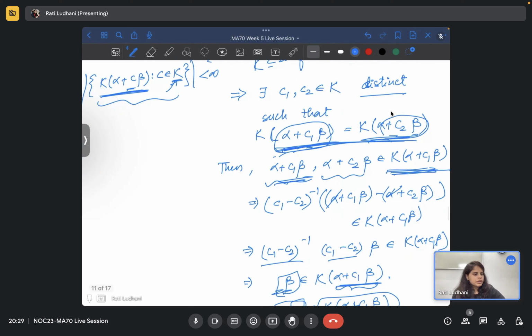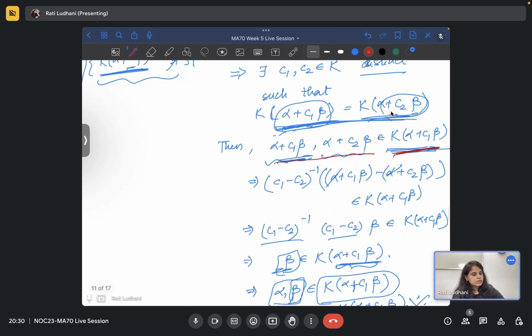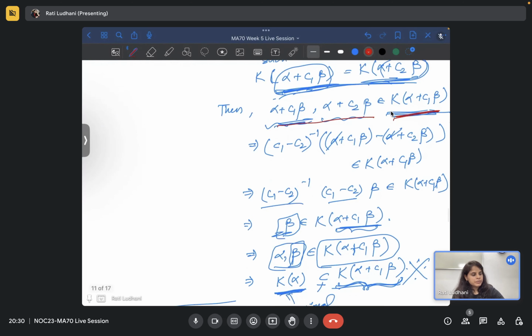Then we do a trick to get beta. Since C1 and C2 are distinct, you can get beta here. So beta belongs to K(alpha plus C1 beta).